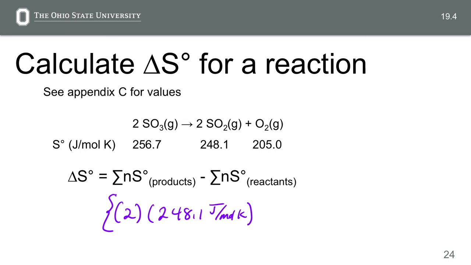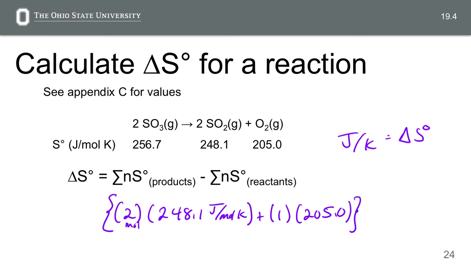And so notice we have moles here. So moles are going to cancel, and we're going to be left with joules per Kelvin for your delta S. So watch those units. Okay, so we have our 2 moles times the entropy value for SO2 plus the 1 mole for O2 times 205.0 joules per mole Kelvin.